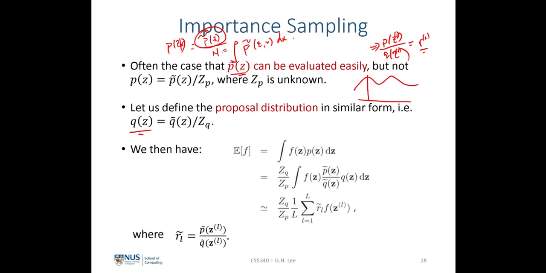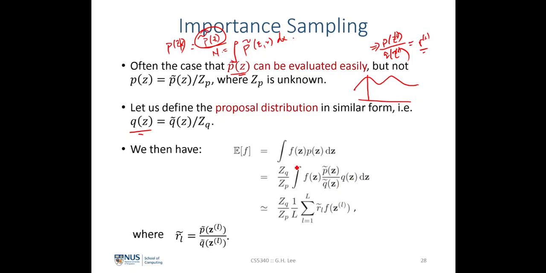We then have the expectation over the function on the probability of P given by this particular expression over here, where we simply introduce the normalized form of P as well as the normalized and unnormalized form of the proposal distribution of Q. And we'll do the same trick where, since we have Z_Q divided by Q tilde, which is equal to 1 over Q, we'll introduce another Q here where they cancel out to be equal to 1.